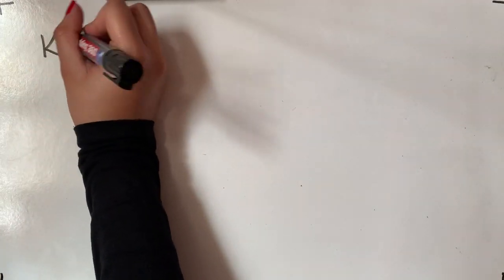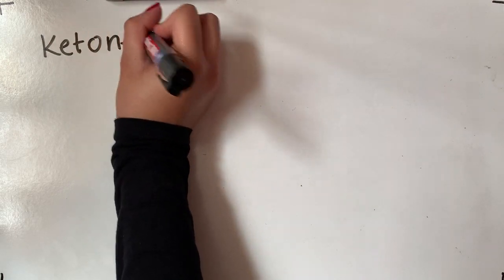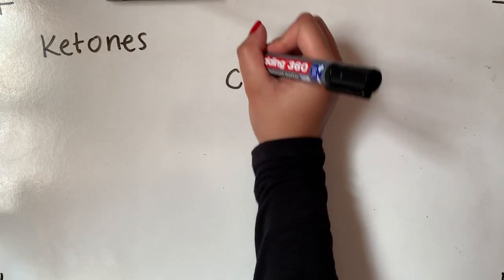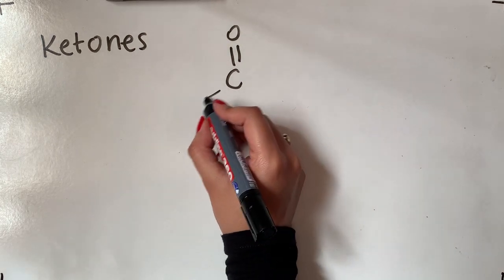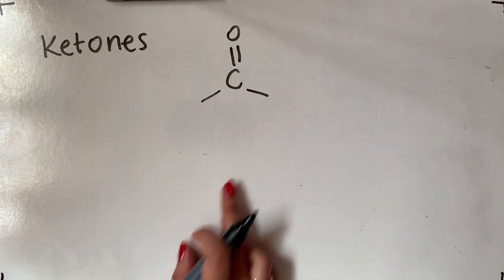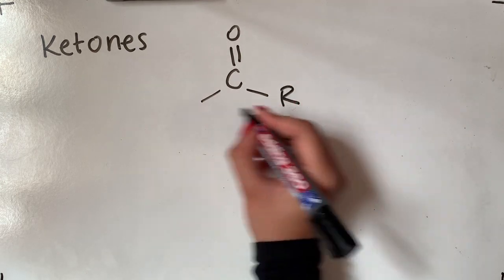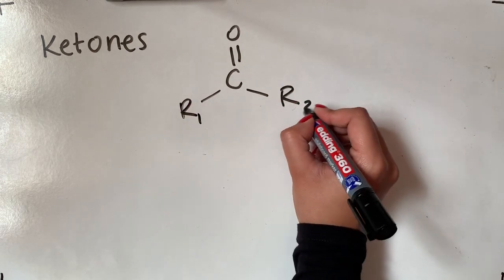Right, let's now have a look at our ketones. So ketones also have that carbonyl functional group, but now that carbonyl functional group is not found at the end or the beginning of a chain, it's found somewhere in the middle. Okay, so that means on either side of the carbonyl group we have to have an R group present.